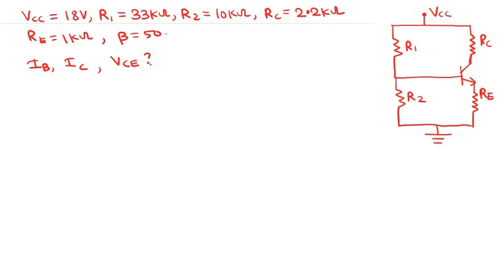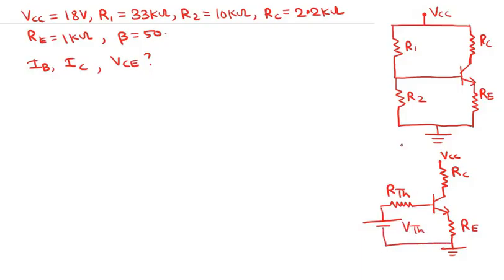We have just learned that this circuit can be replaced by a Thevenin's equivalent network, where we have this resistor RC and this voltage source VCC, and then we have this transistor, then this resistor RE, and this resistor RTH, sorry, and this voltage source VTH.